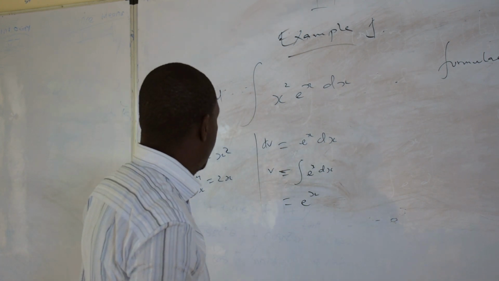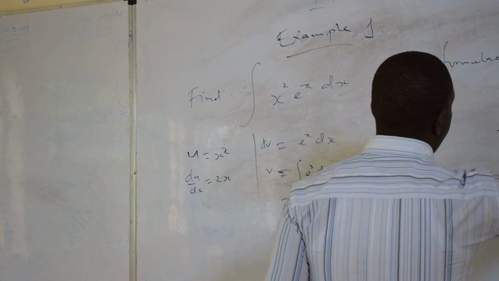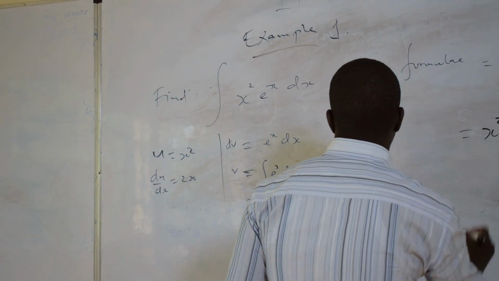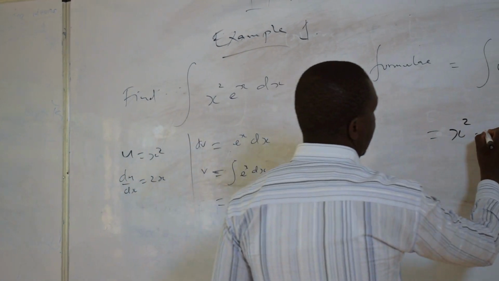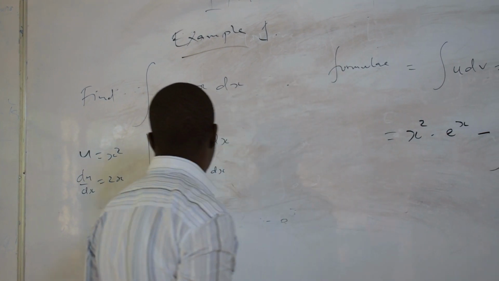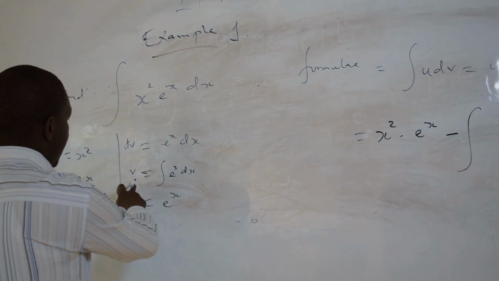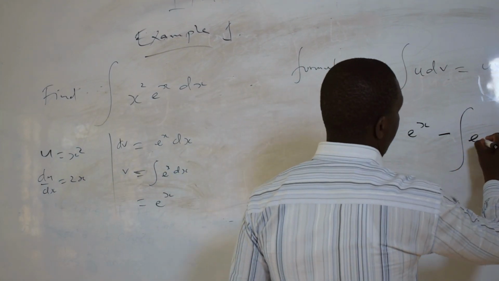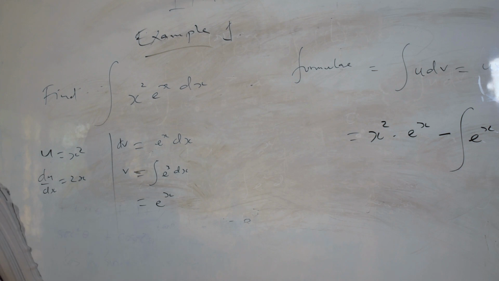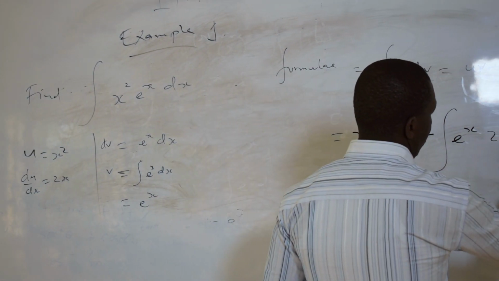Now if we substitute in this formula, we have the integral of u dv being equal to uv: u is x squared, v is e to the x, minus the integral of v du. Our v is e to the x and our du is 2x dx.